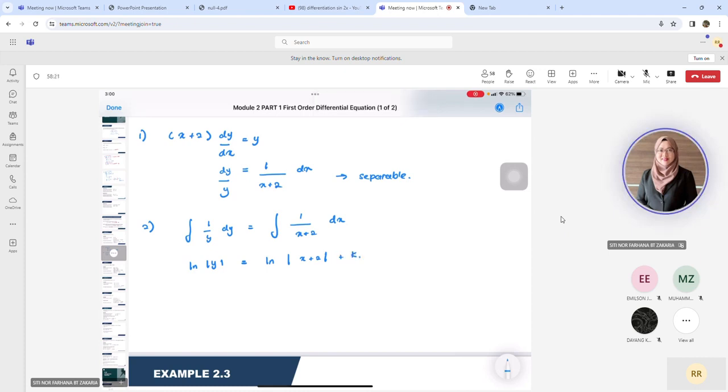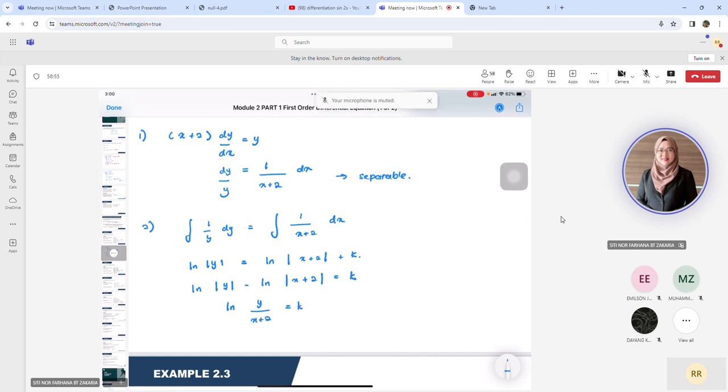So this one can be simplified. ln y, and then bring ln x plus 2 to your left, so it will be minus, equals to k. So ln minus ln is equals to divide, right? So this one will be ln of y over x plus 2 equals to k.